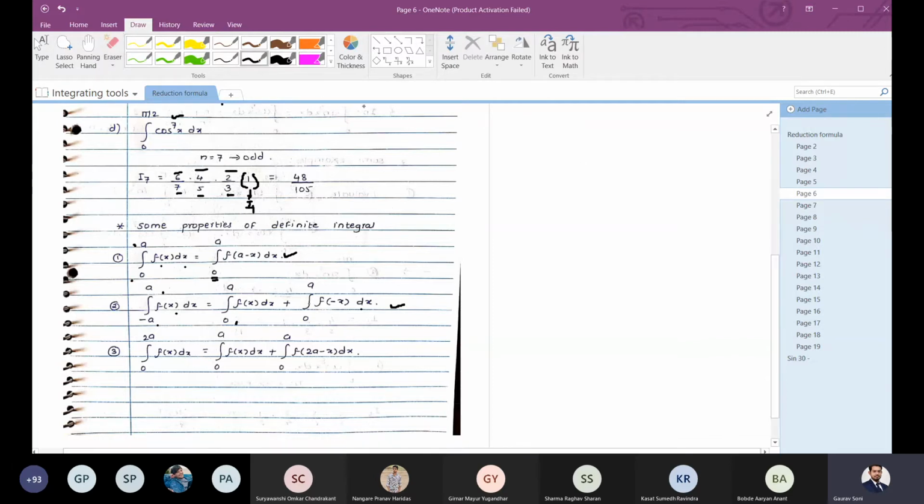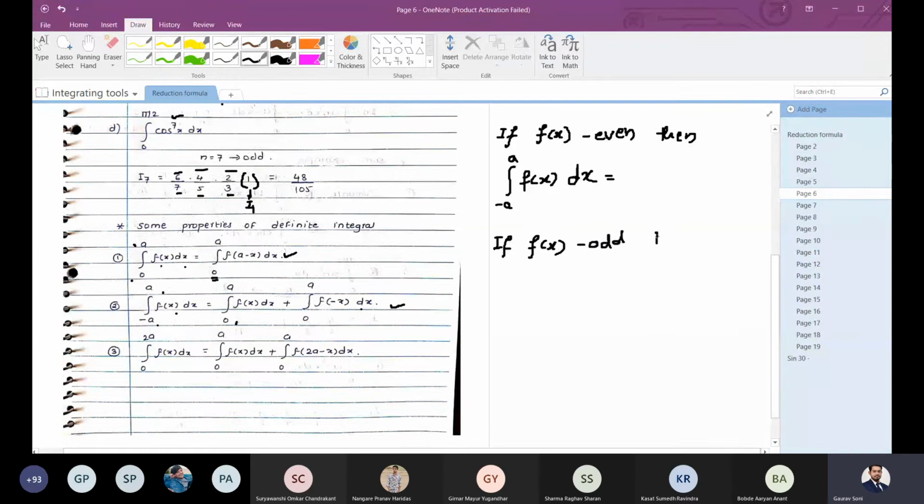Just for a revision, if f of x is an even function, then integration minus a to plus a f of x dx, I can write it as... If f of x is odd, then... Yes, what is the answer for this?